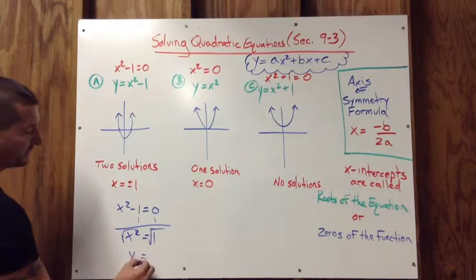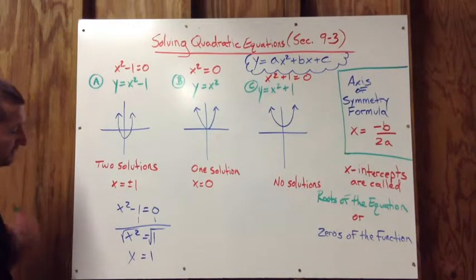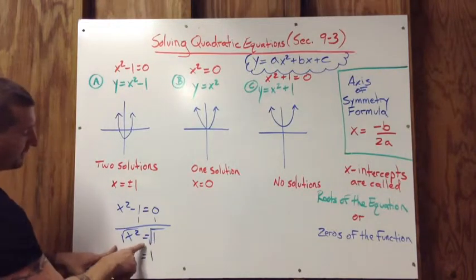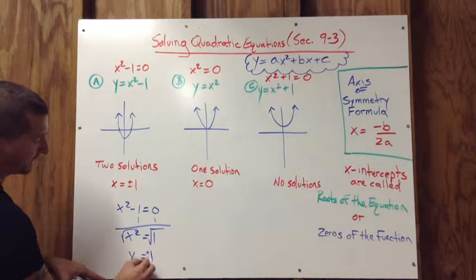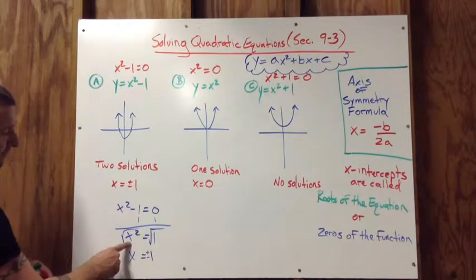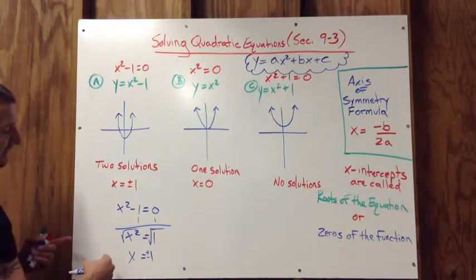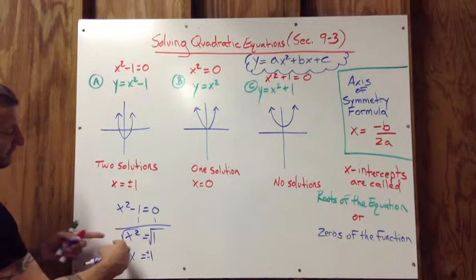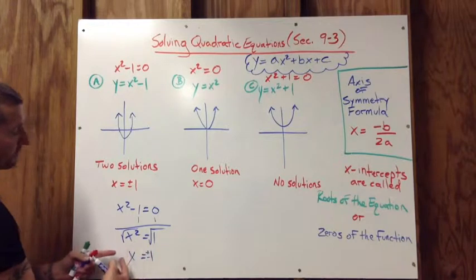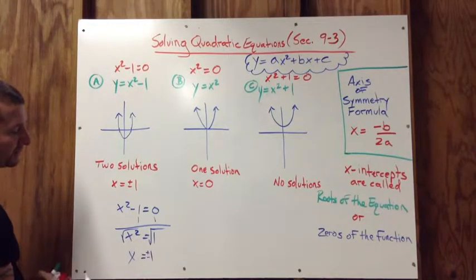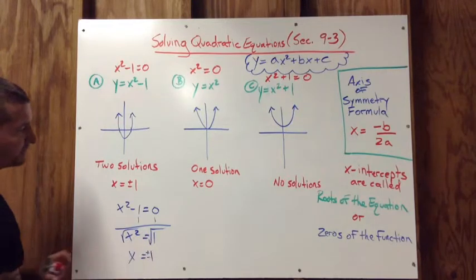Square root of 1 is 1. Now, when we do that, we have to say plus or minus 1, because this x could be plus 1, so positive 1 squared equals 1, or negative 1 squared equals 1 as well. So we have to say plus or minus when we're square rooting both sides.